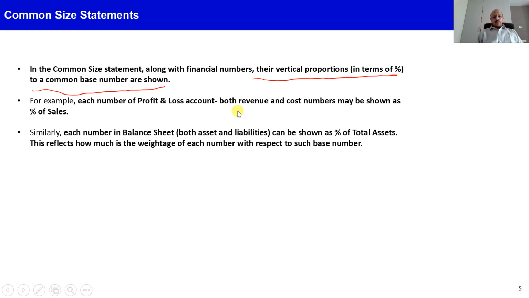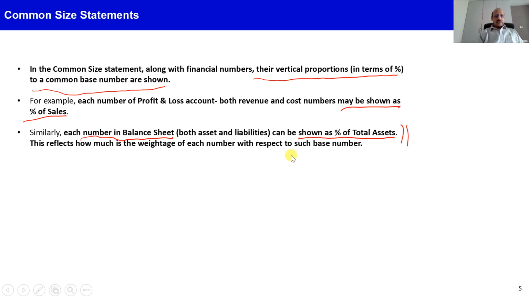Each line item of P&L, whether it is revenue or cost, can be shown as a percentage of sales. And similarly, each number in balance sheet, both assets and liabilities, can be shown as percentage of total assets. So this is only an example. The base could be any number. We can say as percentage of total assets, we can make percentage of net assets, whatever we take as the base. So each number will be compared with that base.